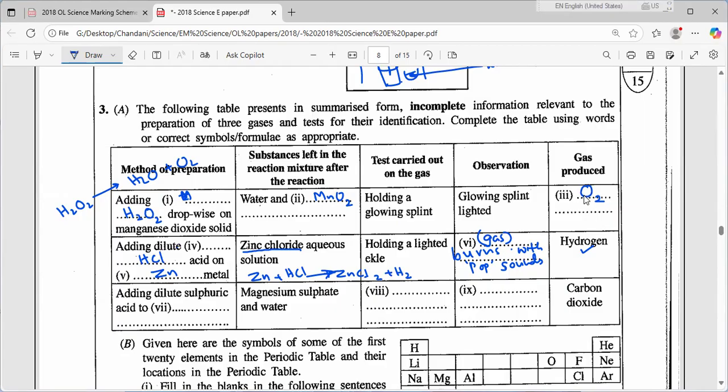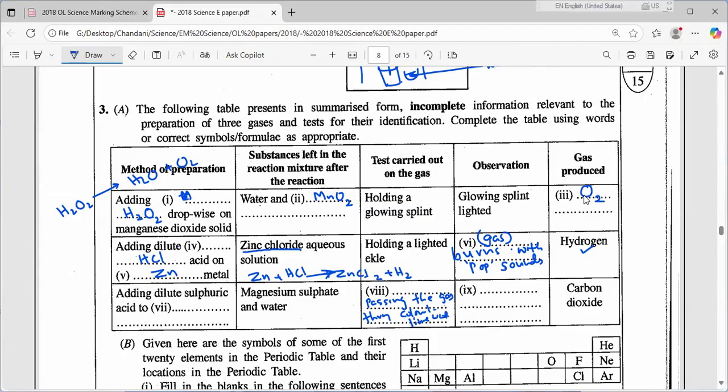The last one, the carbon dioxide. For carbon dioxide, we are using the colorless lime water, right? We are passing the gas through the colorless lime water.